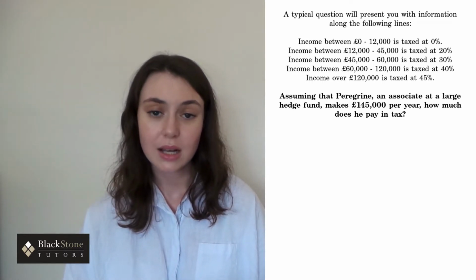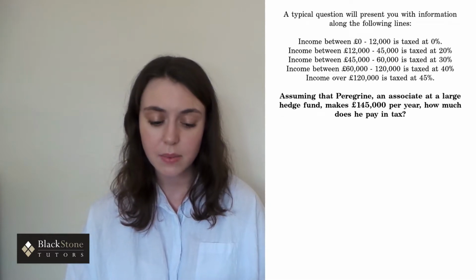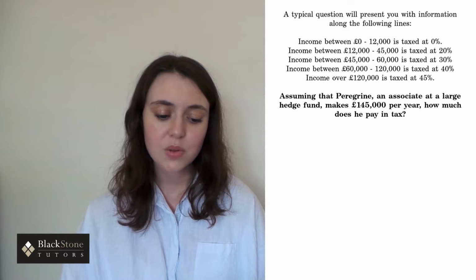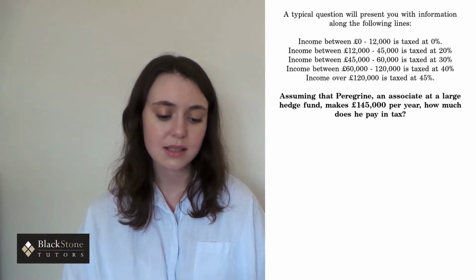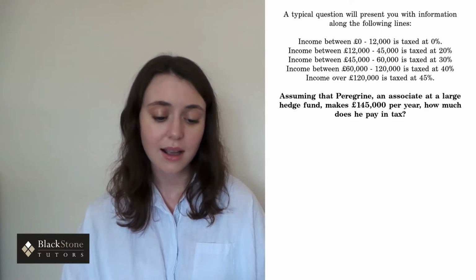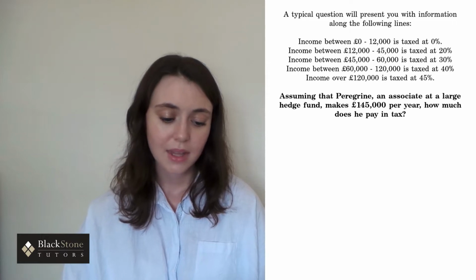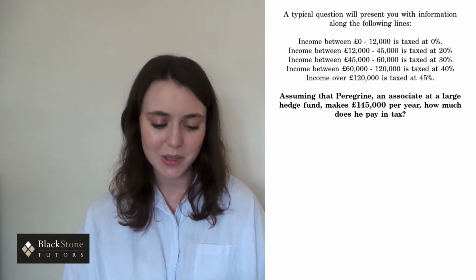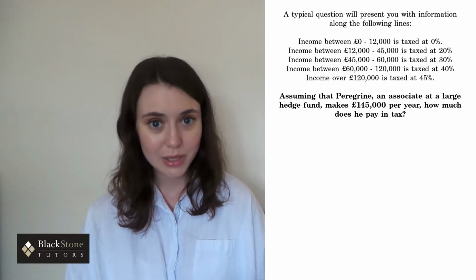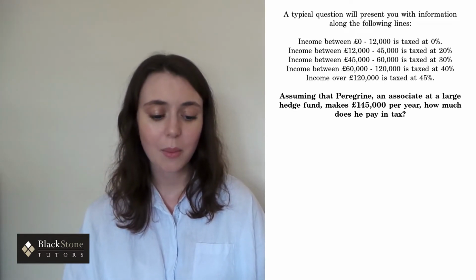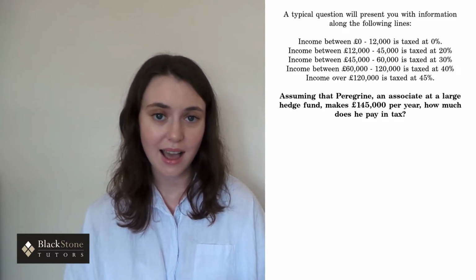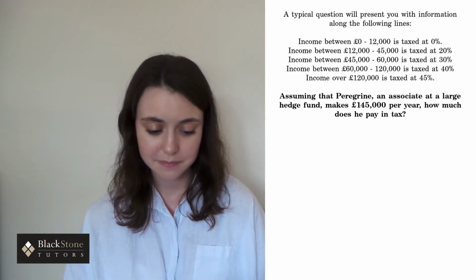Income between £12,000 and £45,000 is taxed at 20%. Income between £45,000 and £60,000 is taxed at 30%. Income between £60,000 and £120,000 is taxed at 40%. And then income over £120,000 is taxed at 45%.